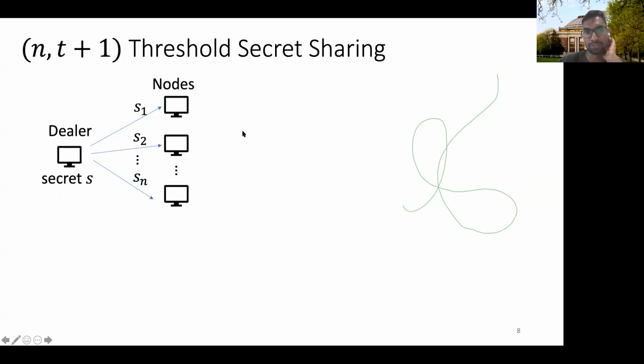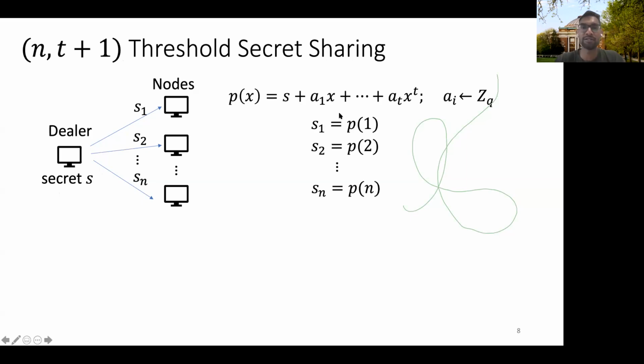This is the threshold secret sharing scheme, and one of the popular ones is Shamir's polynomial-based threshold secret sharing scheme, where the dealer with the secret S samples a random polynomial where the constant term is the secret S, and the remaining coefficients are sampled randomly. Let's call this polynomial p(x). The share of each node is this polynomial evaluated at the node index.